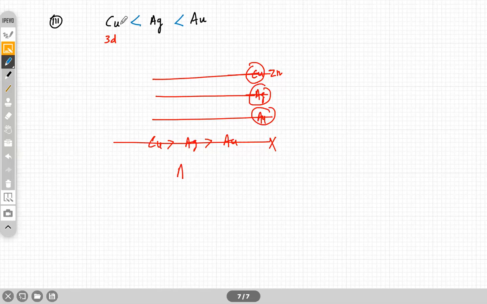Maximum ionization energy, order is, gold has maximum, and then we have copper. So Ag is the minimum. I'll tell you the order here exactly. We have minimum for Ag, then we have Cu, and then we have Au. Why Au is maximum? It is because of lanthanide contraction.